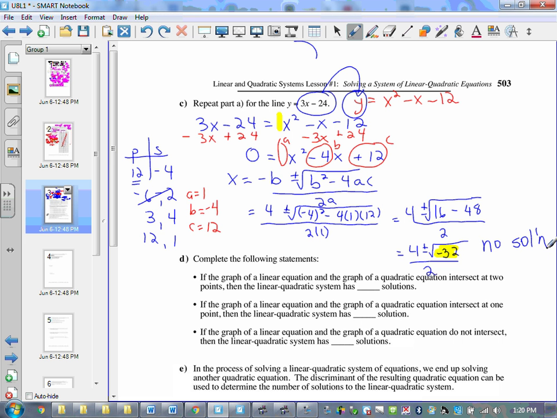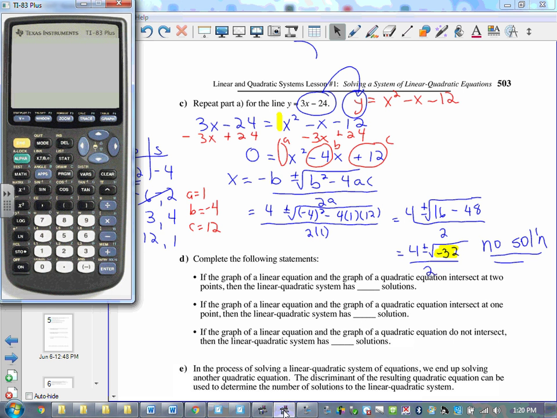So we could just say no solution, but we have to show why. We have to show why. Let's look at this graphically to see why there's no solution. The lines don't touch. So our first equation is y1 equals x squared minus x minus 12.